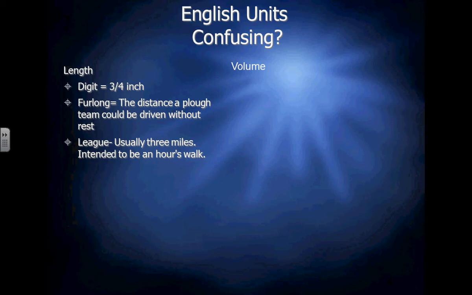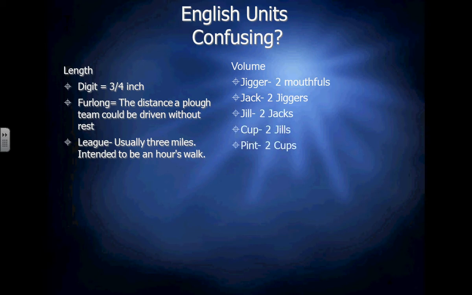If we get into volume now, talk about confusing. The units of volume in the English system: 2 mouthfuls is called a jigger. A jack is equivalent to 2 jiggers. A jill is equal to 2 jacks. A cup is 2 jills. A pint is 2 cups. A quart is 2 pints. A paddle, ever heard of that one? I've never seen paddle in a recipe, but a paddle is 2 quarts. A gallon is 2 paddles.